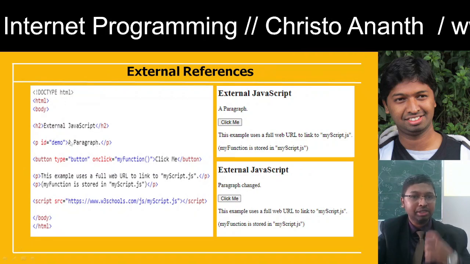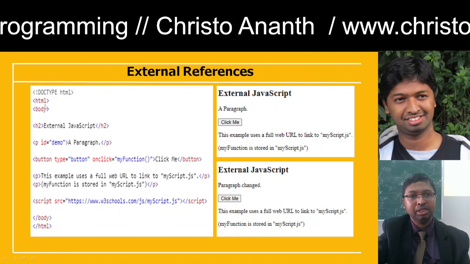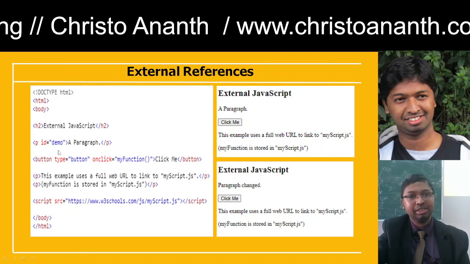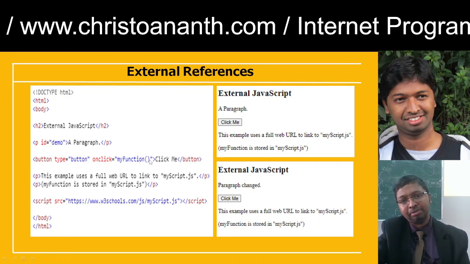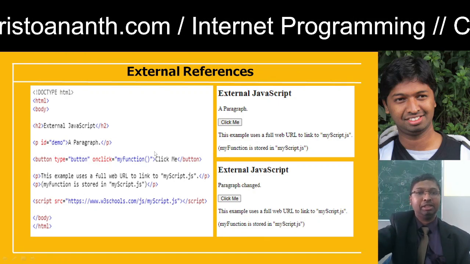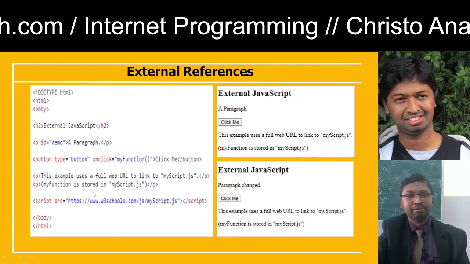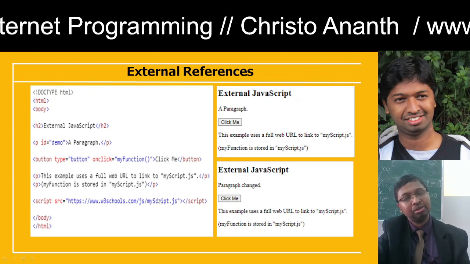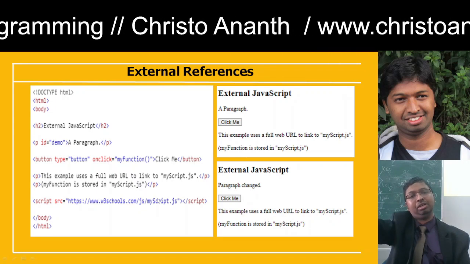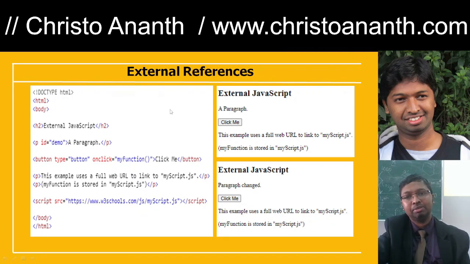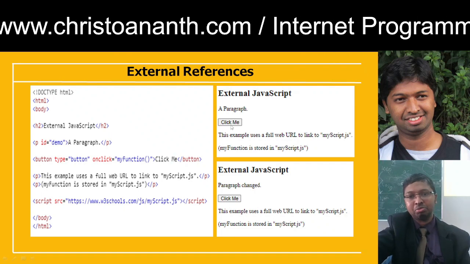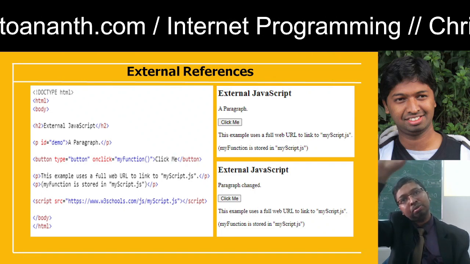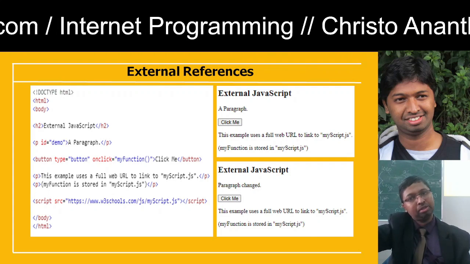So you can see DOCTYPE html, body, external JavaScript, id demo, a paragraph, and button type, on click myFunction, it is actually a "Click me" button. And you can have a paragraph tag. Then script src you'll point to the URL. Close the body, close the HTML. In the output you can see a paragraph, Click me. If you click on this one, immediately it will change to "paragraph changed". So the remaining will be there.